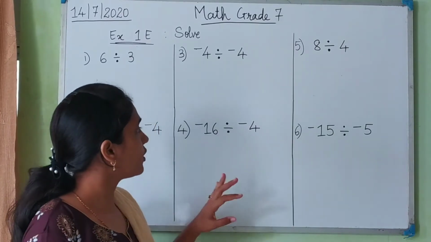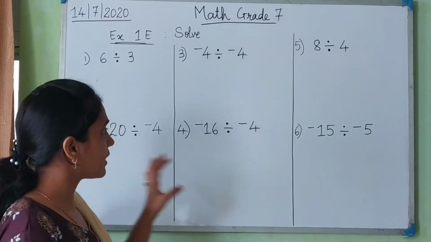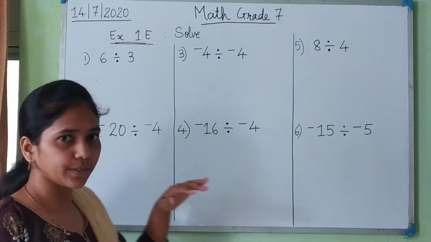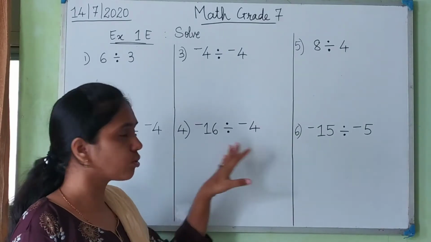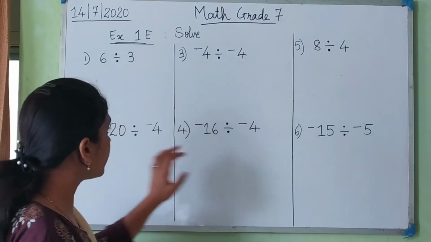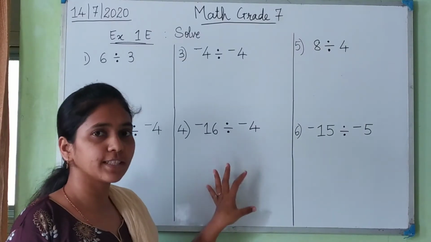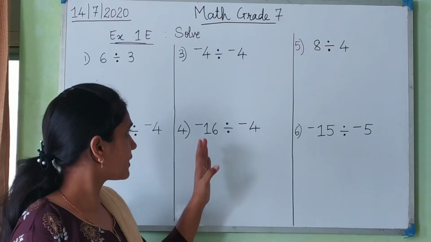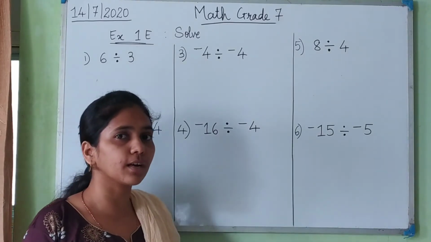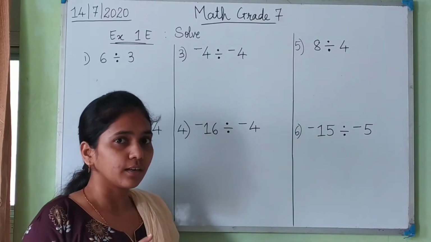First we will do a few examples in which both the numbers we are dividing have the same signs, either positive or negative, and then we will do some examples in which only one number has a negative sign.